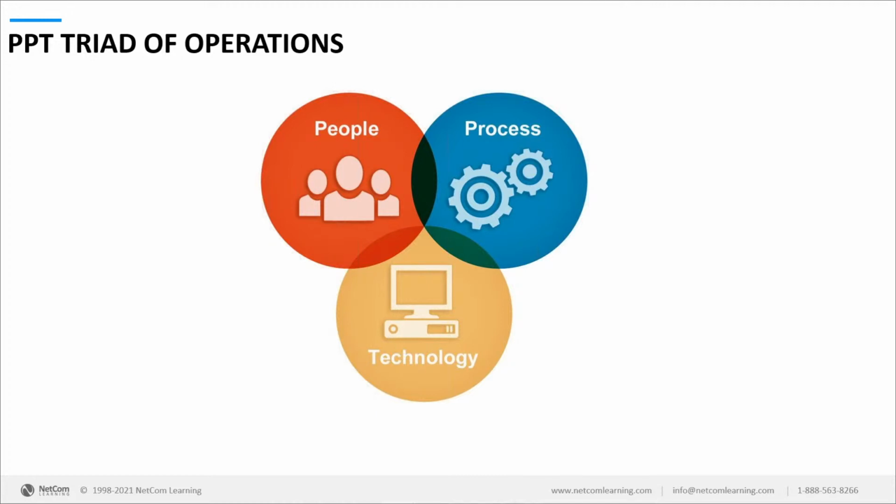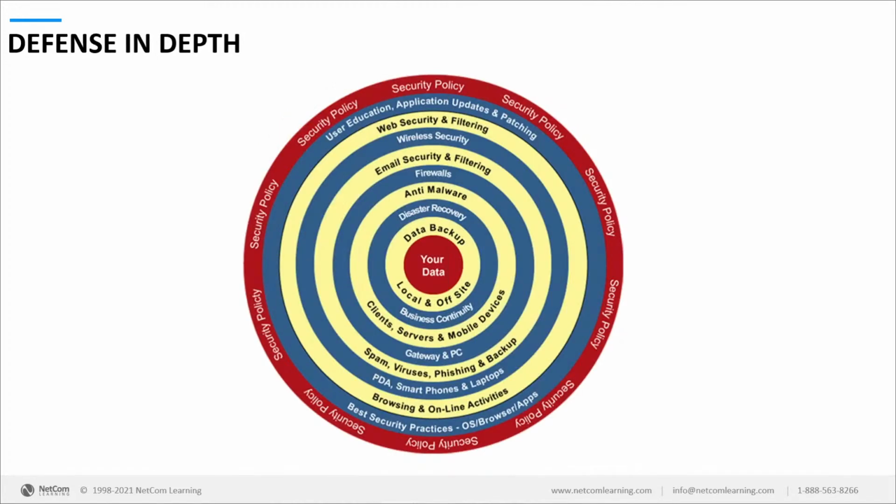It's people pushing technology, through processes, through an understanding of what it is that we have, how we're going to protect it, when things could happen, how people get in there, and what it is we're trying to do.